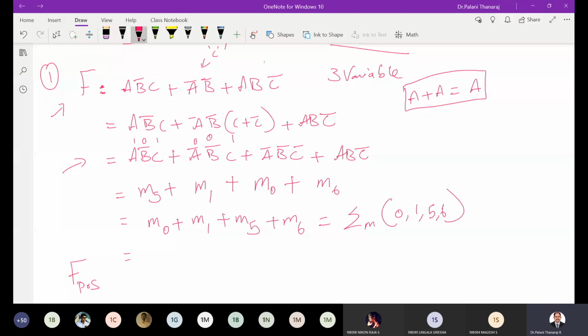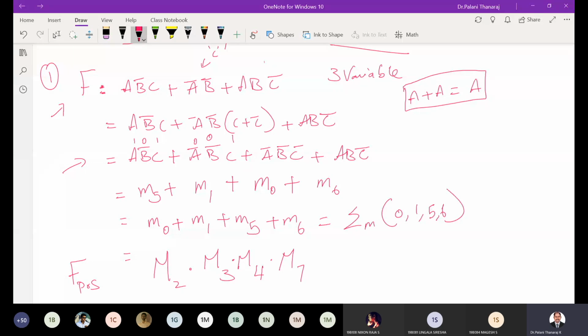Just turn on your mic and tell me the expression in POS form, or just tell me in M notation. M2, very good. M3, M4, then M7. Very good.